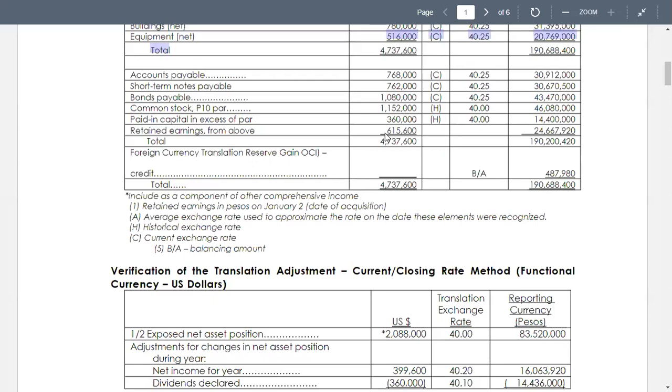So, these monetary assets and liabilities should be translated by using the closing rate.